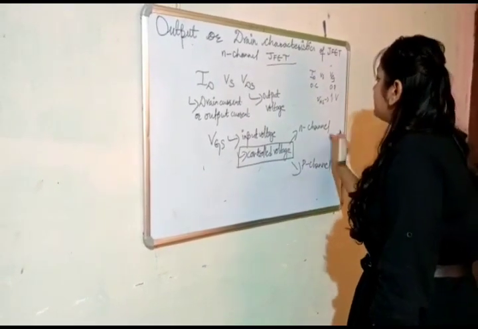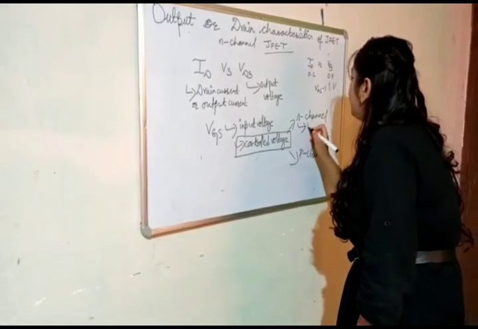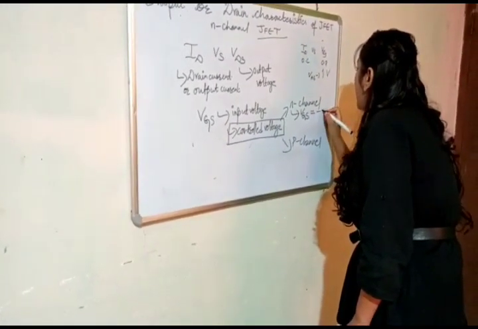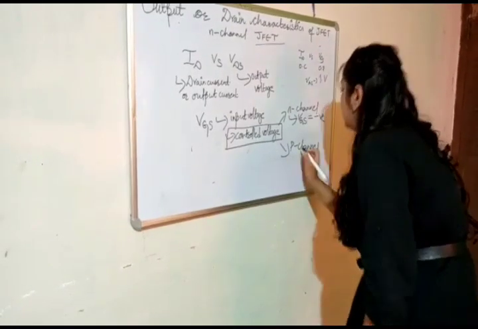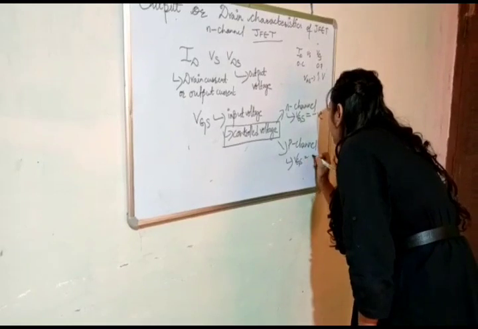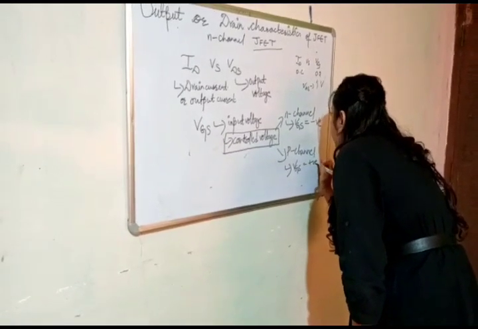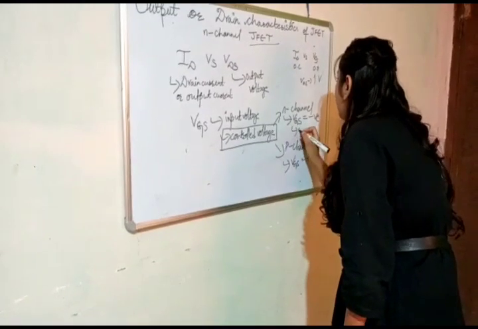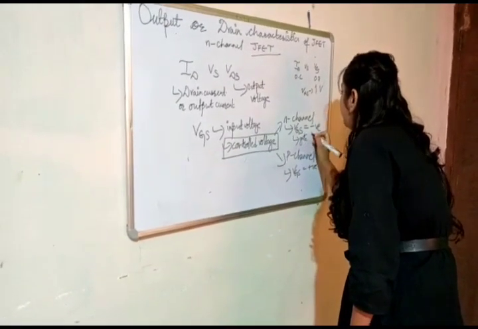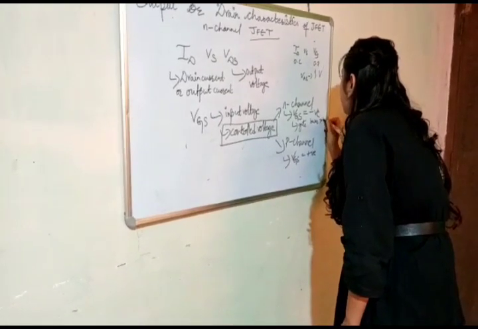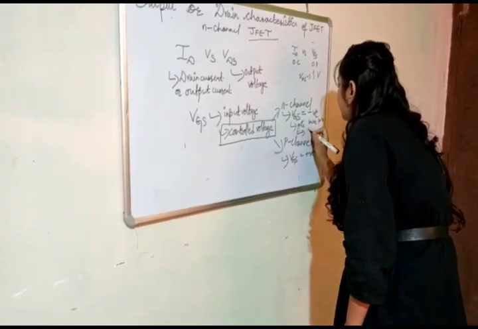In N channel JFET, we know that VGS is more and more negative, and in P channel VGS must be positive. In N channel, gate is connected to lower potential in terms of source.